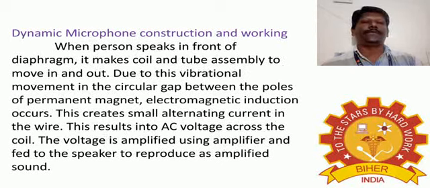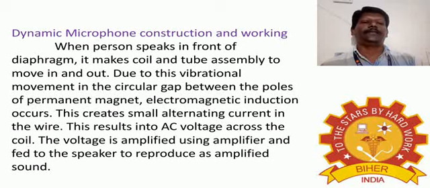When person speaks in front of diaphragm, it makes coil and tube assembly to move in and out. Due to this vibrational movement in the circular gap between the poles of permanent magnet, electromagnetic induction occurs.